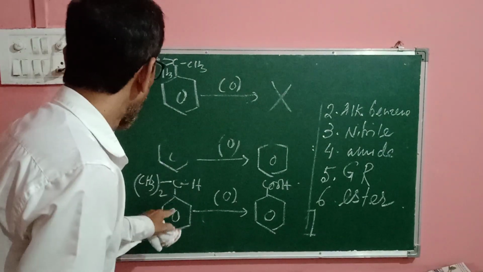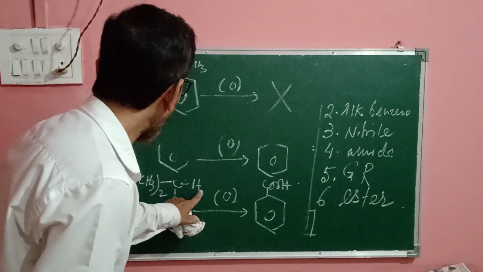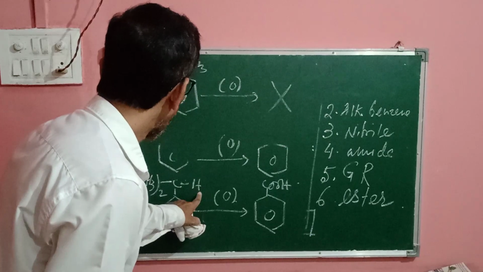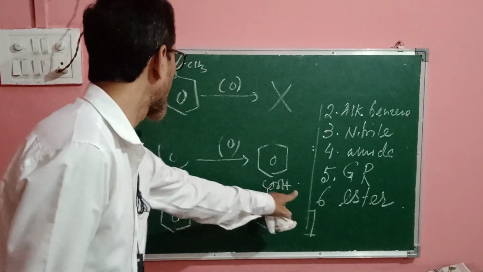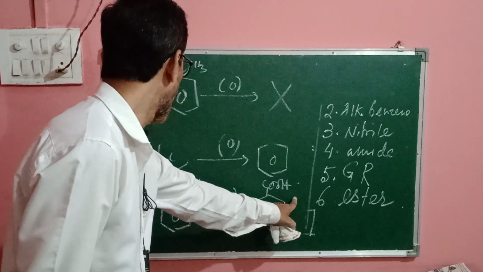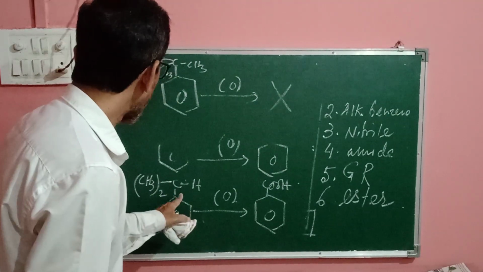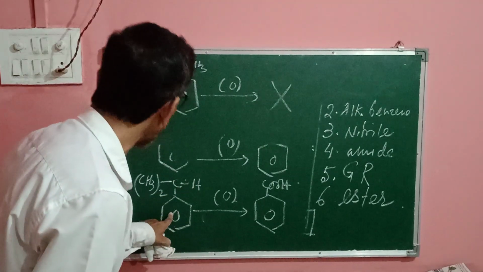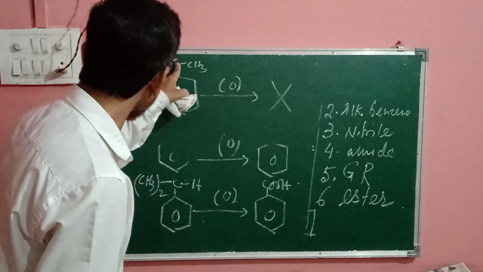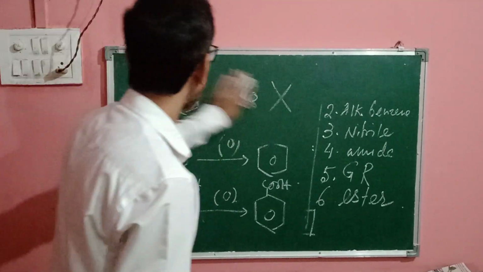So long as you have one hydrogen attached to the carbon which is attached to the benzene ring, there is oxidation, and you are getting COOH. But as soon as no hydrogen is left on the carbon attached to benzene, then oxidation is not possible.